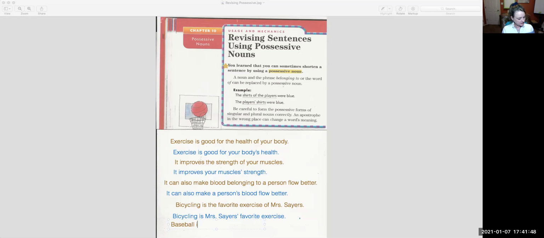Baseball is the favorite sport of many boys. Baseball is the favorite sport of many boys. Okay, let's change that so that it is not as wordy and we're using a possessive.